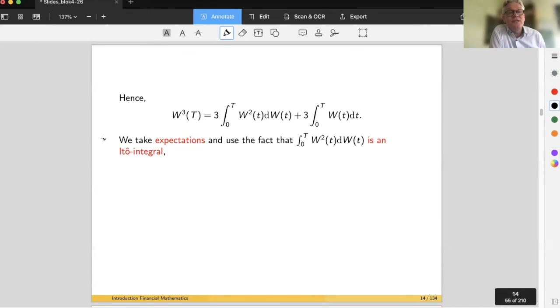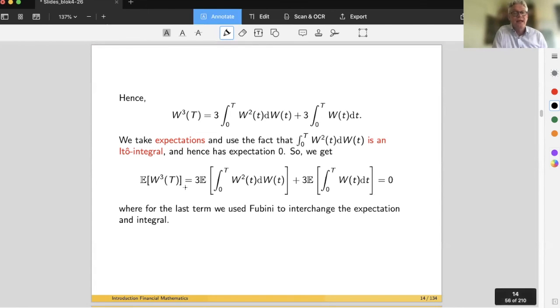We take expectations, and then, as mentioned, we use the fact that this integral over here is an Ito integral. Taking expectations, left and right hand side, the expected value of W cubed, the one that we are aiming at, is 3 times the expectation of the Ito integral from 0 to T of W squared dW, plus 3 times the expected value of the integral from 0 to capital T of Wt dt.